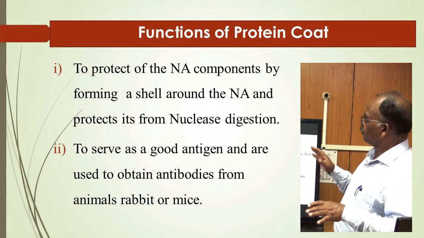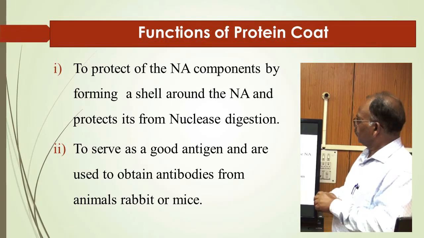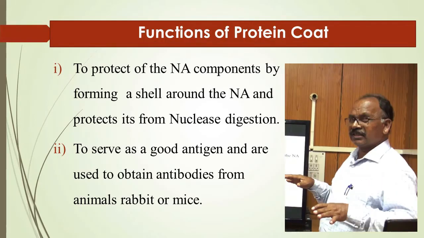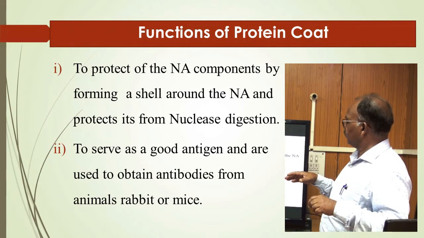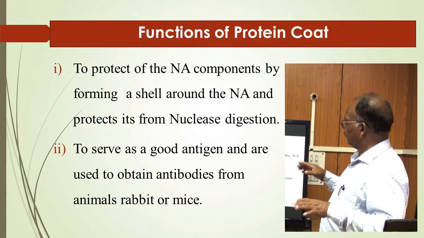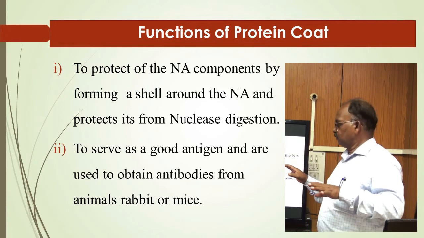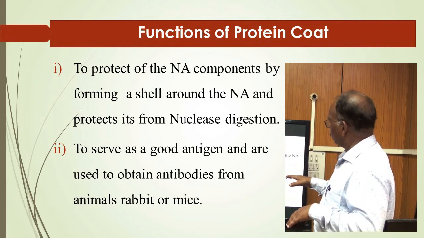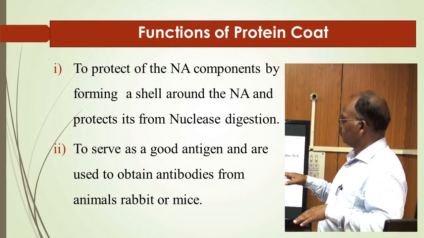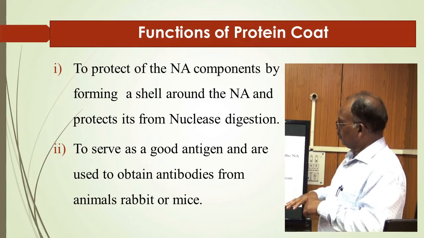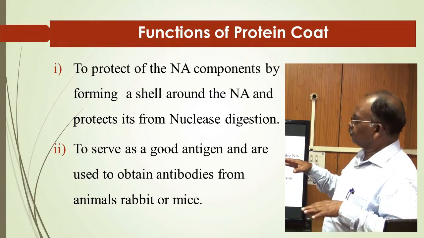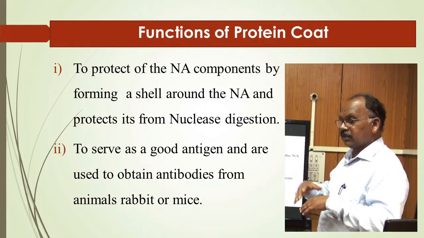What is the function of the protein coat? The major function of the protein coat is to protect the nucleic acid by forming a shell around it. It serves as a good antigen and is used to obtain antibodies from animals such as rabbits and mice. What do you mean by antigen?